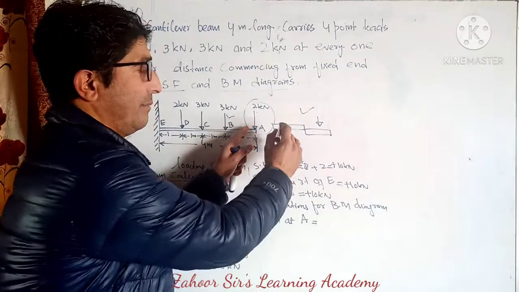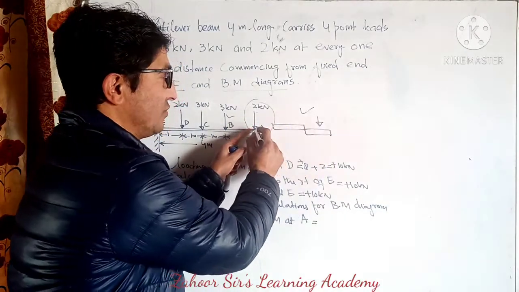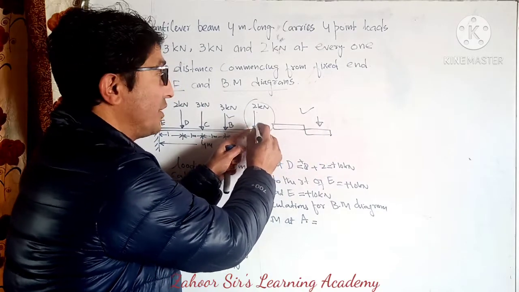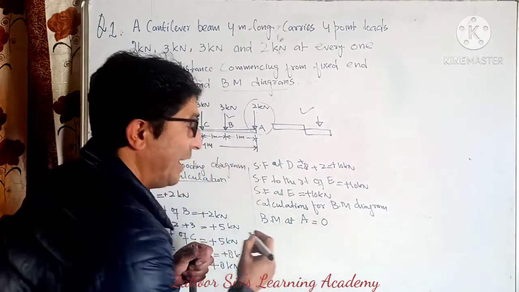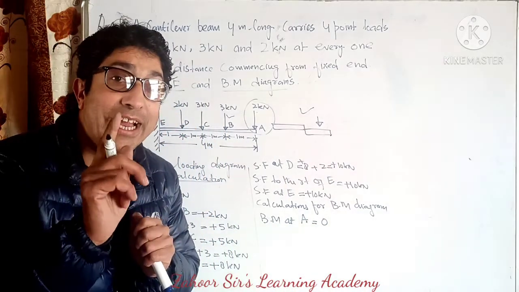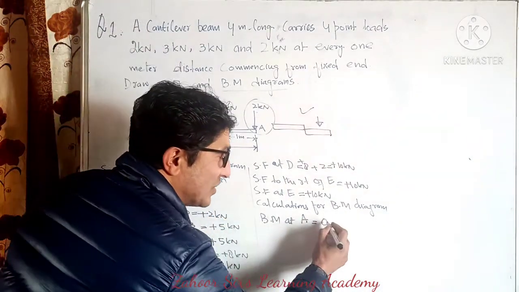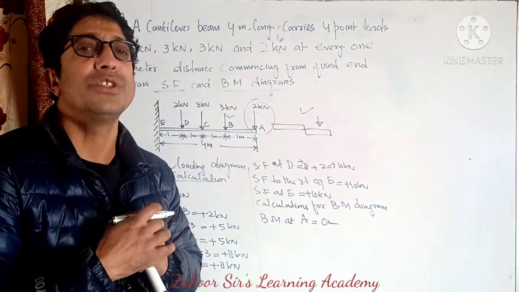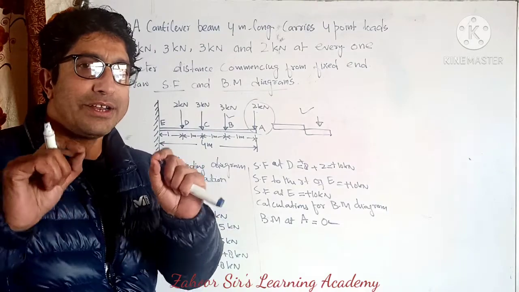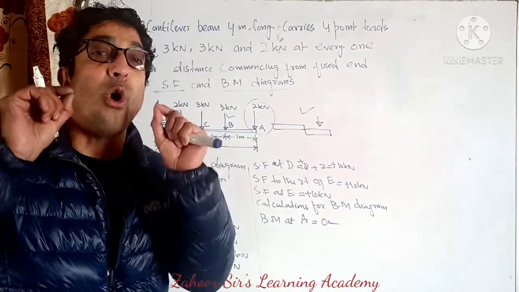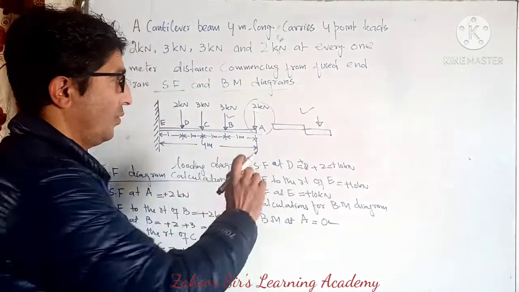Because we have to take the right side in consideration, it is at one point. So there is a force, but there is no distance. Therefore, bending moment at the free end of the cantilever is always 0. Remember, this is a golden thing which I am saying to you. Bending moment at the free end of the cantilever is always 0.